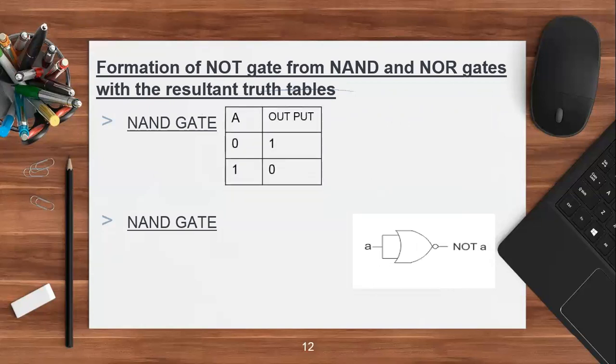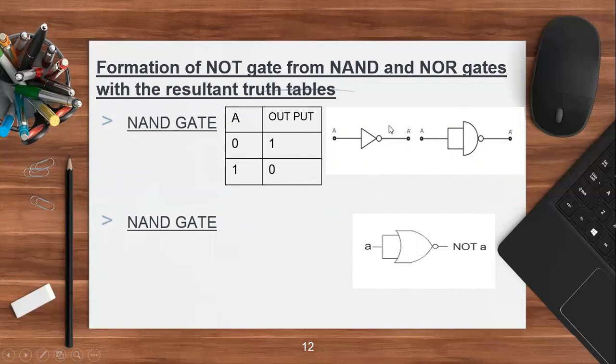Formation of the NOT gate from NAND and NOR gates with the resultant truth table. We can also form the NOT gate with the help of NAND gate and NOR gate. In the NAND gate, if A is 0, output is 1 and if A is 1, output is 0. So it also works as a NOT gate like this.